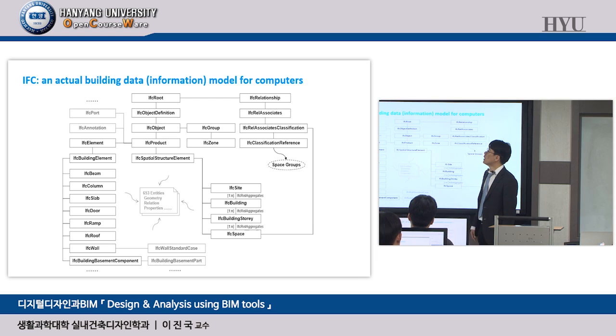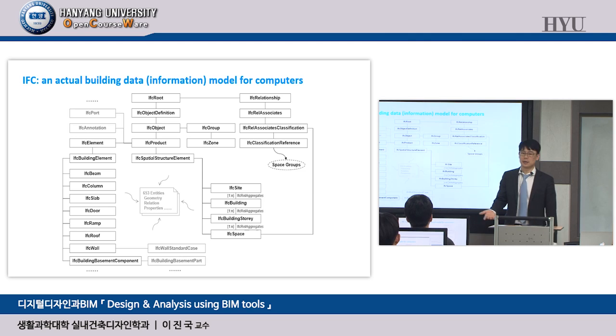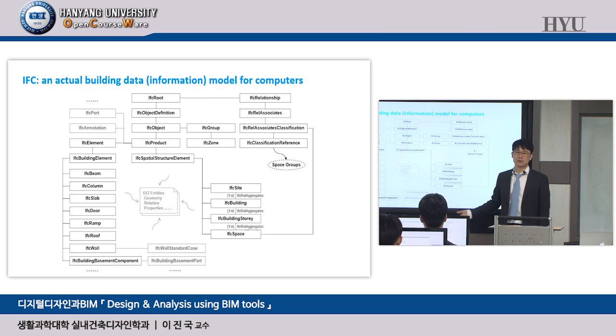What is IFC? IFC is an actual building data model as an international standard, okay? So Revit can export IFC file and ArchiCAD, other tools or some BIM tools can import IFC file. IFC file contains everything, technically, okay?